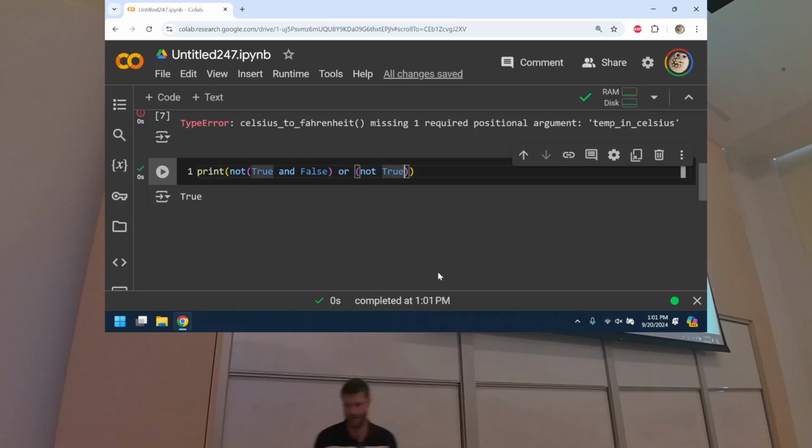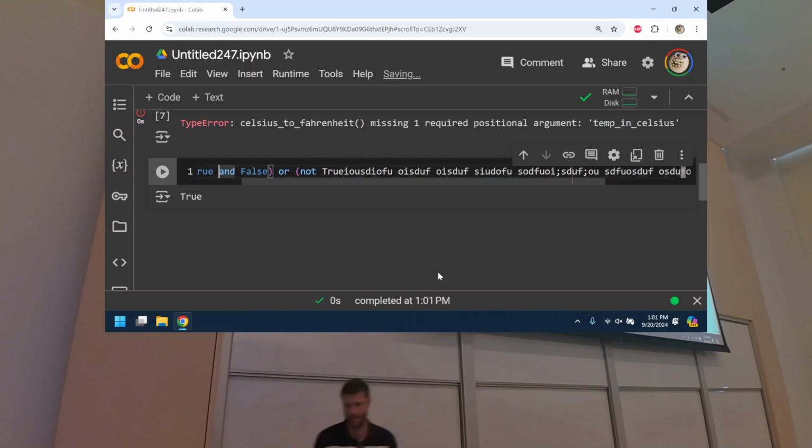In fact, I could write whatever the hell I want over here. And I know that this will crash, but presumably if it's a valid Boolean expression, because I know that the thing on the left-hand side of that or is true. I have true or, I don't care what. True or whatever is always true. Thank you.